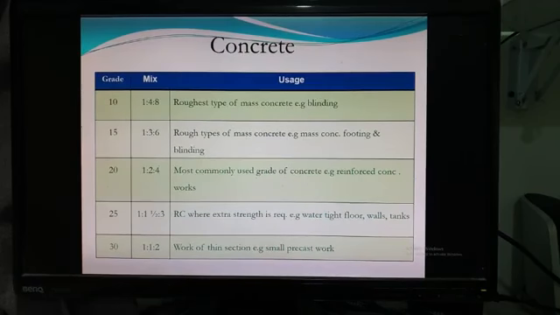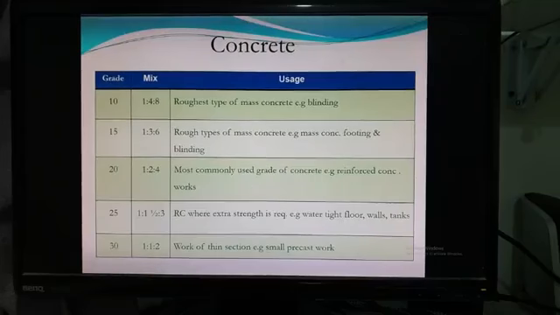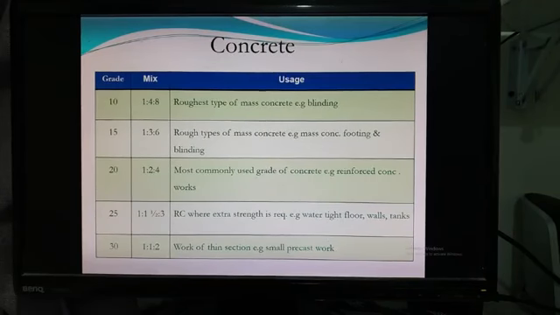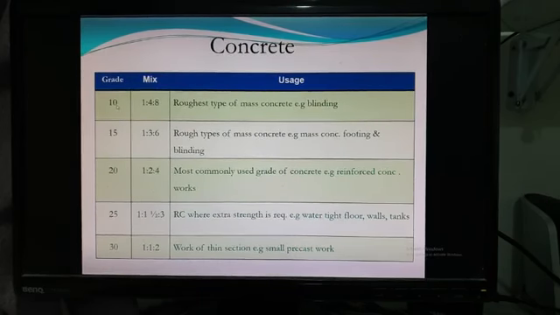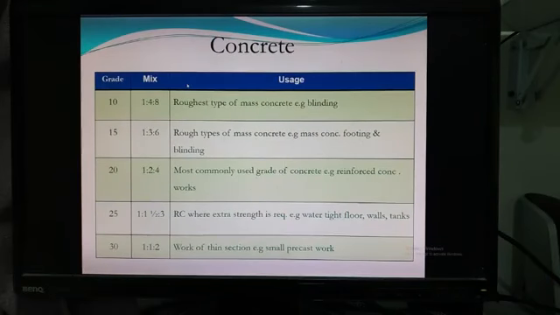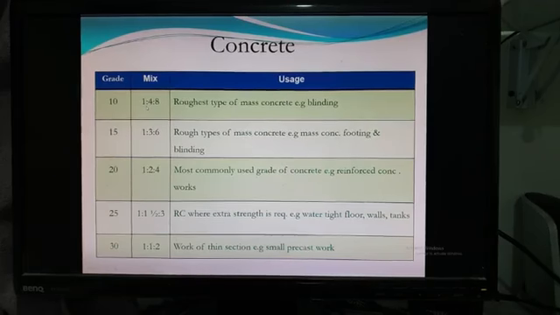So these are some of the grades of concrete that we usually see. Okay, the higher the grade of the concrete, the higher the ratio of cement being used. Okay, like grade 10, 1:4:8. Okay, we only have one portion of cement compared to portions of other materials.